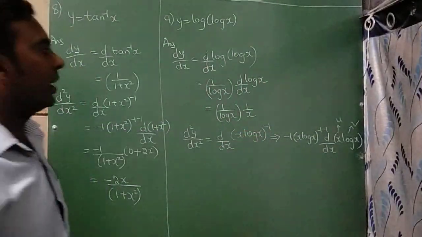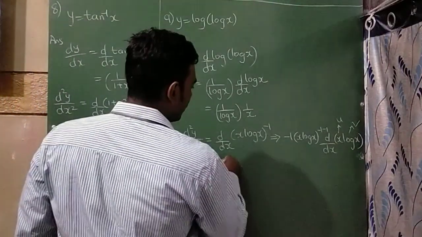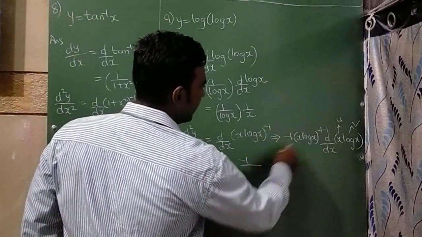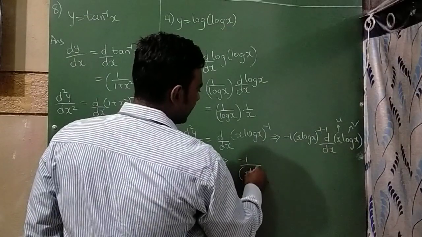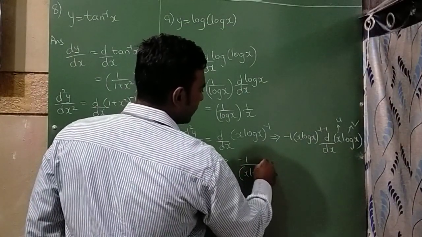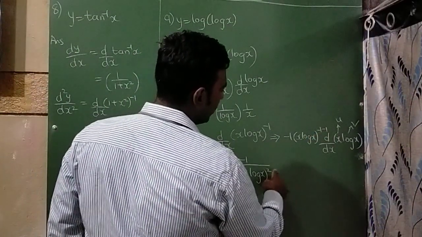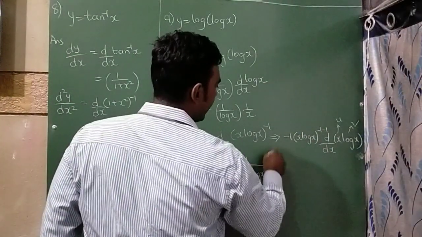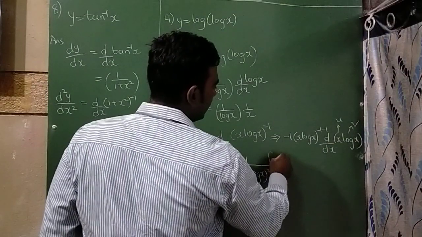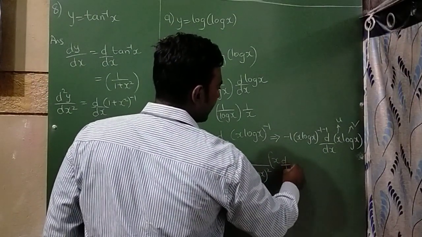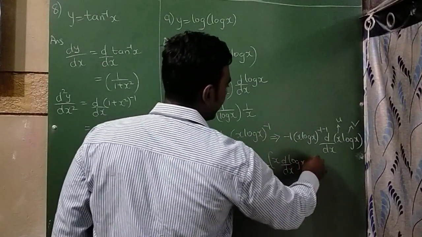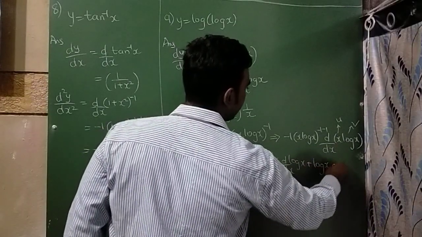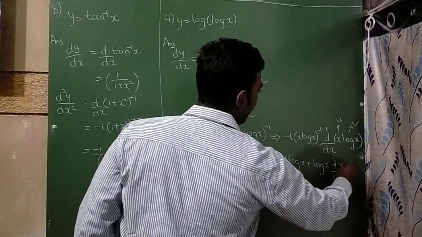I need to apply product rule for that. So minus 1 I will write here and this will become x log x whole square, because minus 1 will become 2 when it goes to the denominator part, it will become positive. Now I need to write product rule here, x d by dx of log x plus log x d by dx of x.